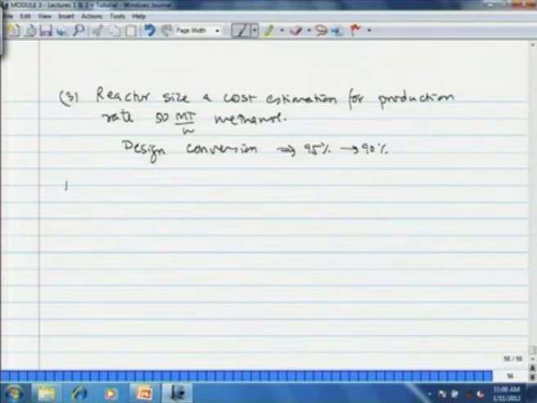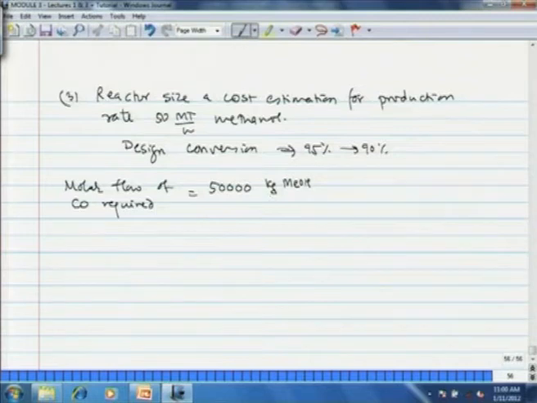The molar flow rate of CO required would be 50,000 kg methanol per hour, and we convert this kg into molar production by dividing by the molecular weight, 32 kg of methanol. We have been given the rate in terms of minute, so we convert the hourly production to minute production.